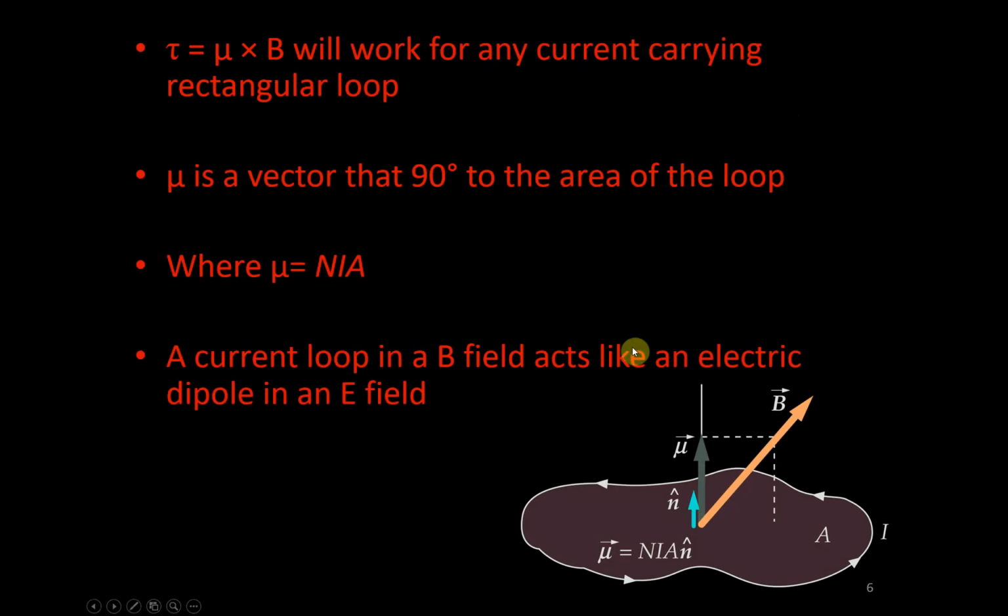Mu is a vector that's 90 degrees to the area of your loop, and mu takes the form of N I A. Remember the font here, this is an I. So mu is N, the number of turns of wire that you have on your loop, times I, which is the current, times A here, which is the area of your loop. Your current loop in your magnetic field will act like a dipole, and then will have forces acting upon it.